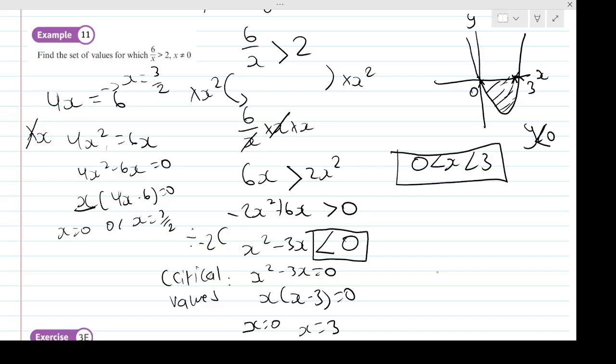So instead of times by x, we times by x squared, the square number, to keep it positive, and that allows us to solve this. Then we solved the quadratic inequality like normal to find the critical values, and we sketch the curve to find the region which occurs at these x values. So that's the values of x.